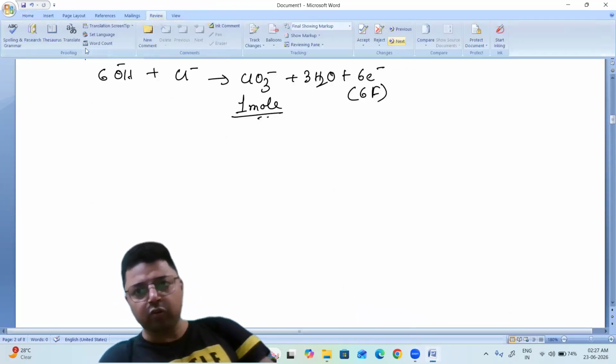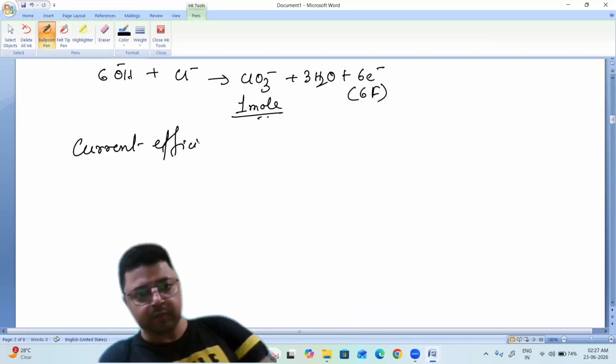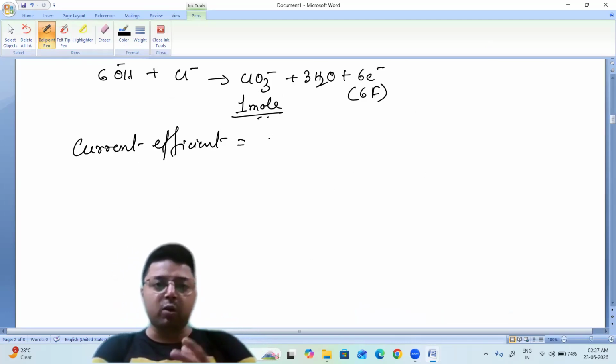So current efficiency is equal to the actual current required divided by the amount of current supplied.